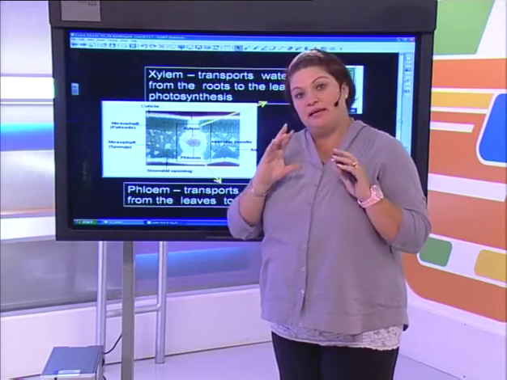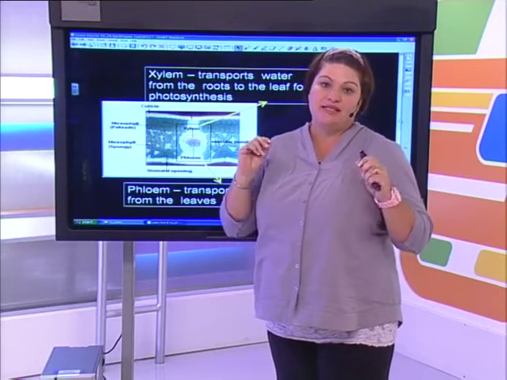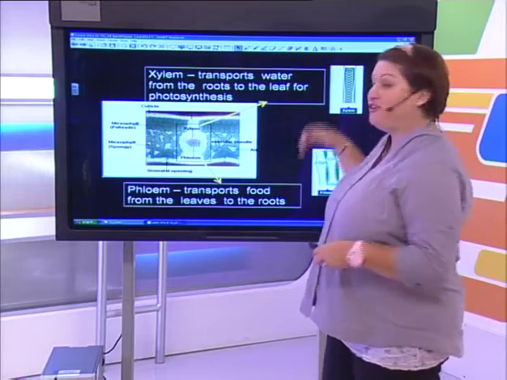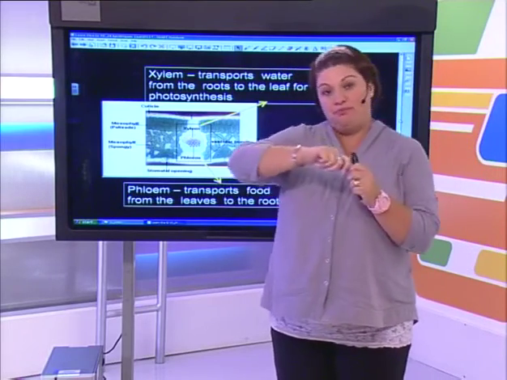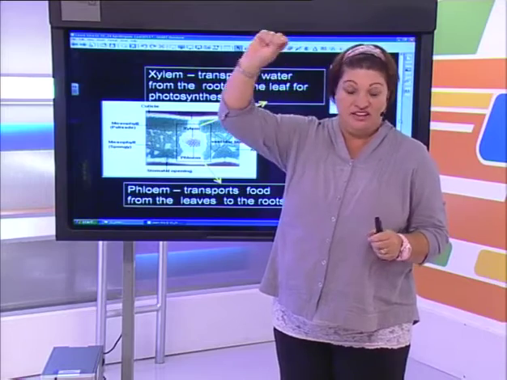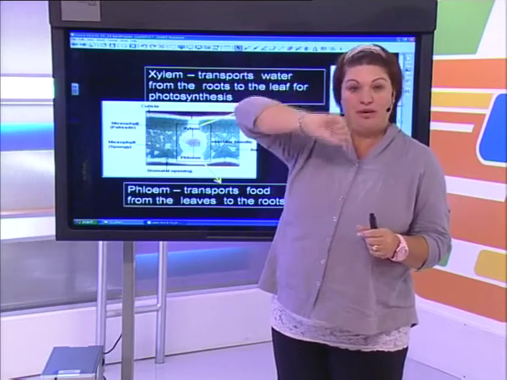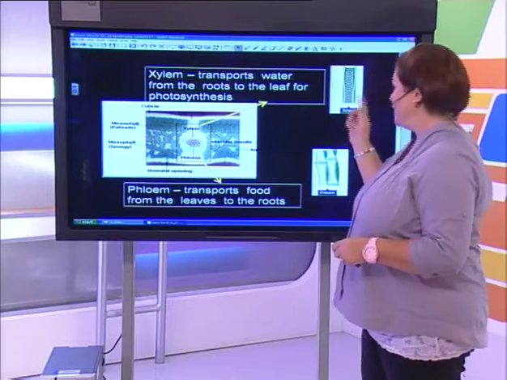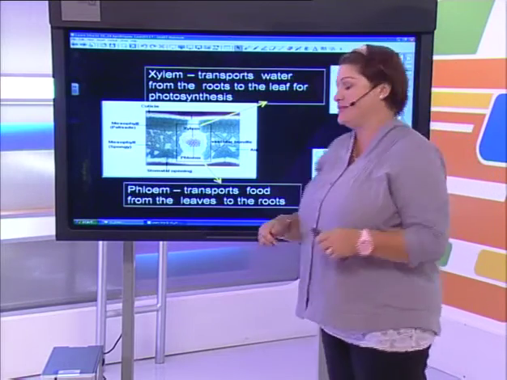You are going to see some lovely diagrams of the stomata. If you cut celery and peel it, you get these stringy bits, and if you have a look underneath the microscope, you're going to see these lovely looking xylem.